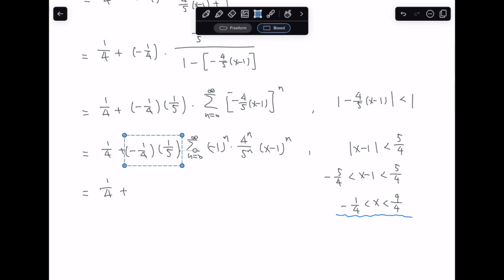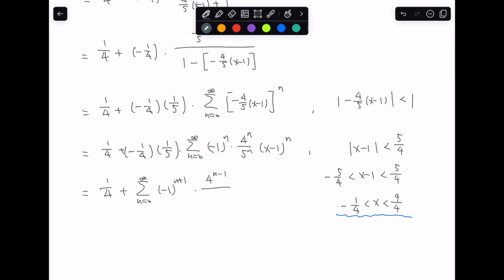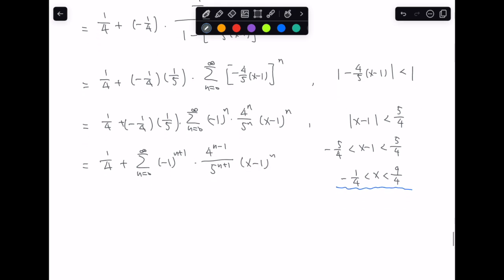If you multiply that inside, it gives us sigma n from 0 to infinity, negative 1 raised to n plus 1, and this 4 cancels with this one, so we have 4 raised to n minus 1, and then 5 raised to n plus 1, and then x minus 1 raised to n.